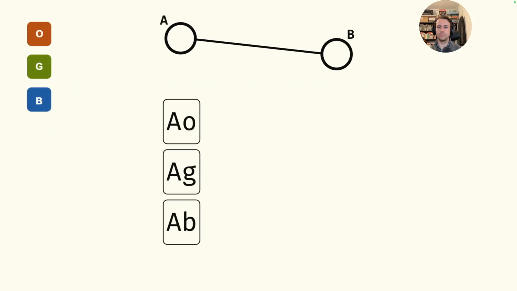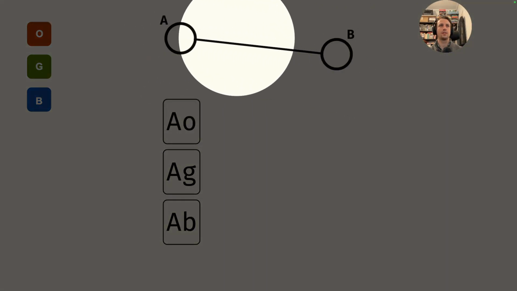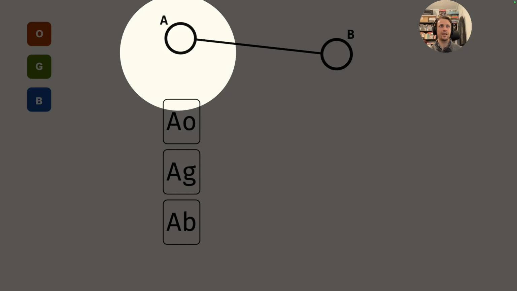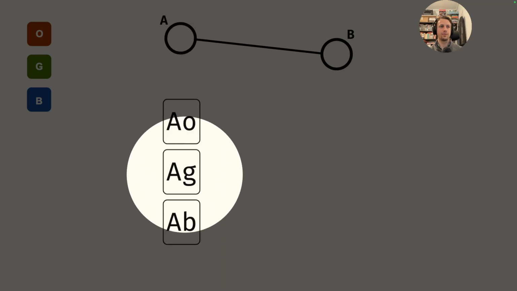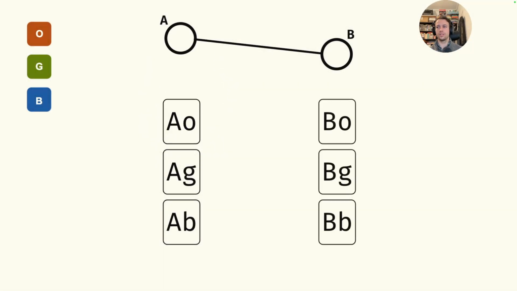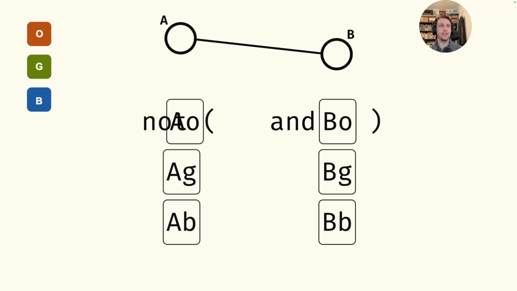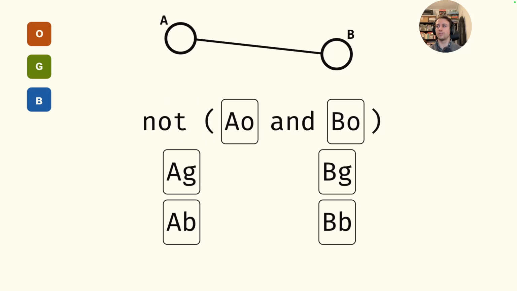So let's keep looking at our AB graph. Vertex A needs 3 variables. So does vertex B. But now what I want to say is that A and B cannot have the same color. So I cannot have A of O and B of O at the same time.